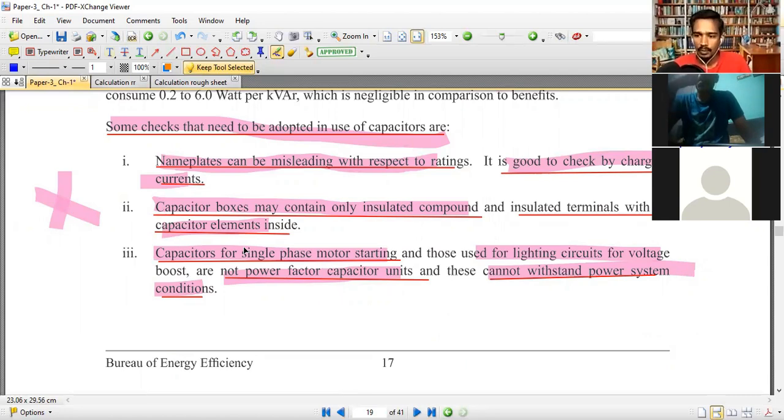That capacitor cannot be used for the lighting circuit, and it will not boost the power factor. So we have to consider the purpose for which we are purchasing the capacitor. Very, very important.